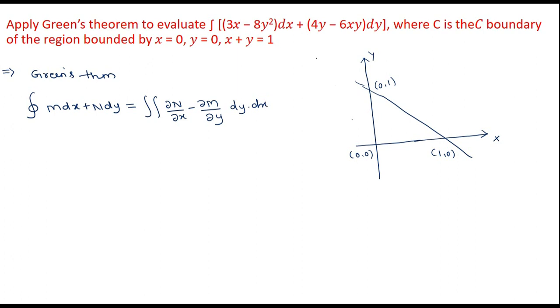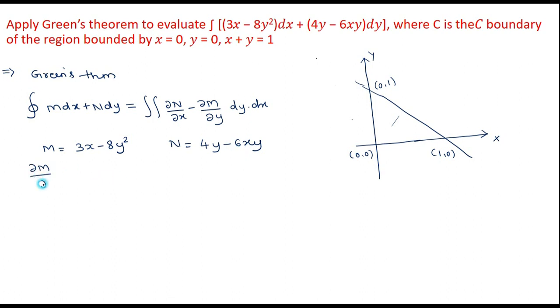So the integration along the boundary of this curve is equivalent to the integral over the region between these three curves. M in this case is 3x minus 8y square and N is 4y minus 6xy.